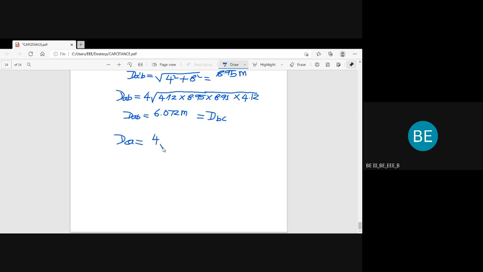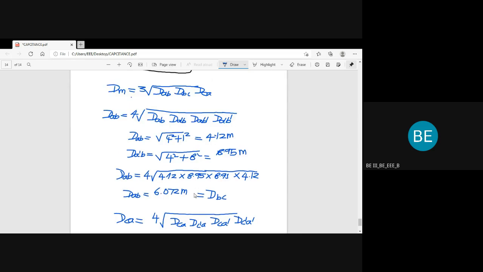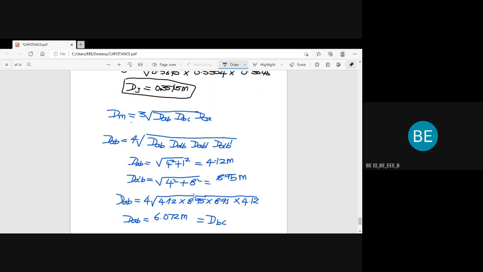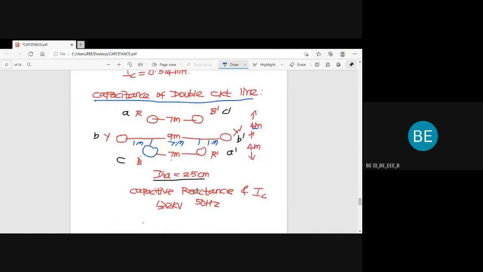So fourth root of DCA, DCA', DC'A, and DC'A'. So just go to the picture and find the distance between C and A and C' and A. So CA will be 8 meters.